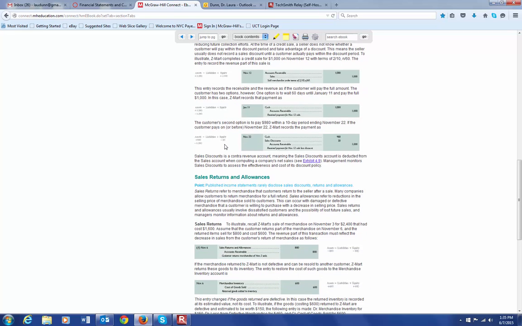But if the customer does take advantage of the discount, the 2% discount would be $20 on a $1,000 purchase. So when they pay you, your cash would be debited for $980, but you also debit sales discount for $20, and then accounts receivable would be credited for $1,000. So that gets rid of the total debt, but you charge $20 to sales discount.